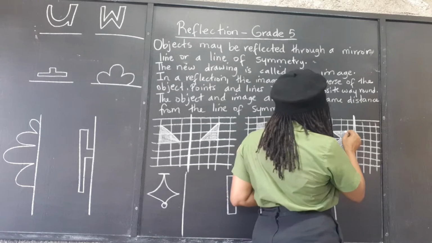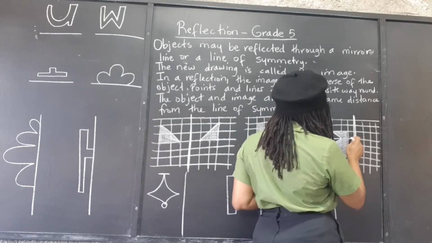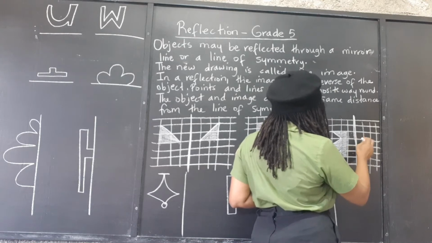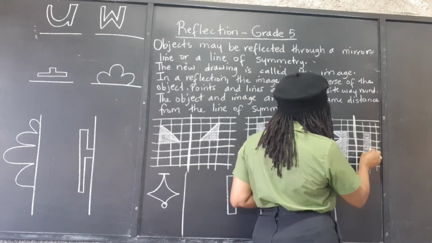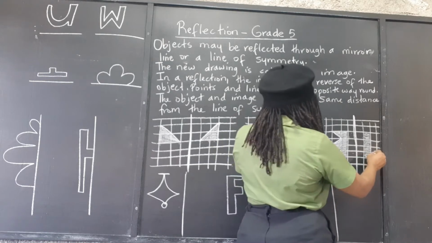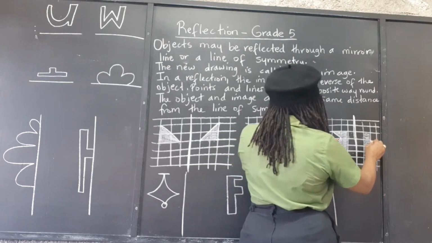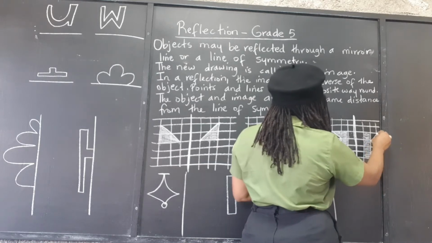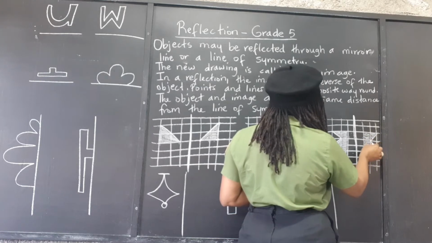So for all these 4 boxes, they are 1 space away from the mirror line, so we retain that 1 space for those 4 boxes. Alright, and then we have halfway there, halfway there, and halfway there. So you notice the orientation is going to change.